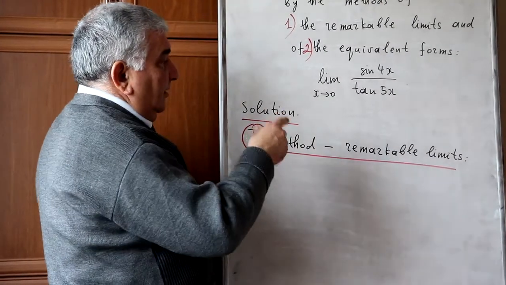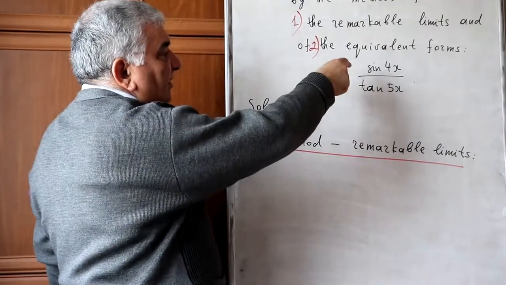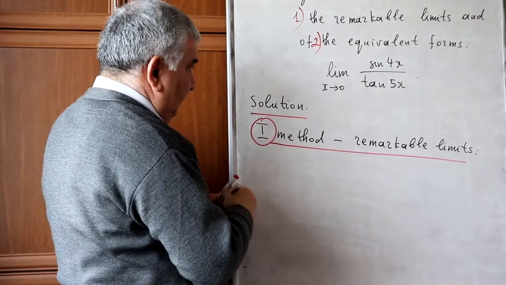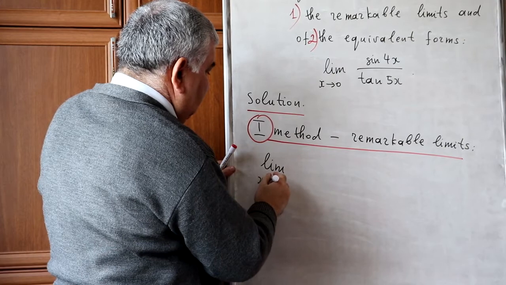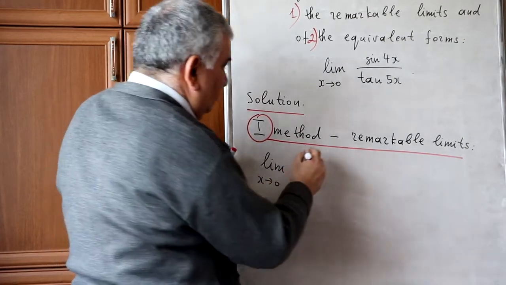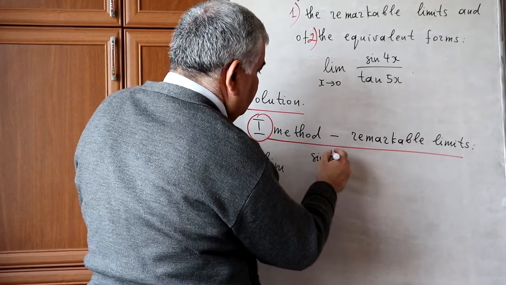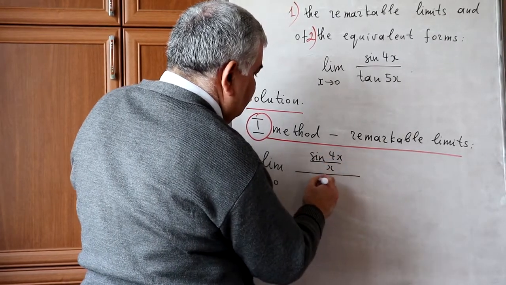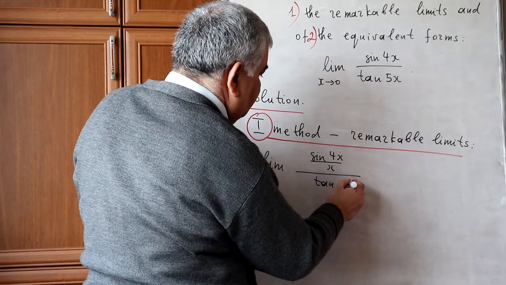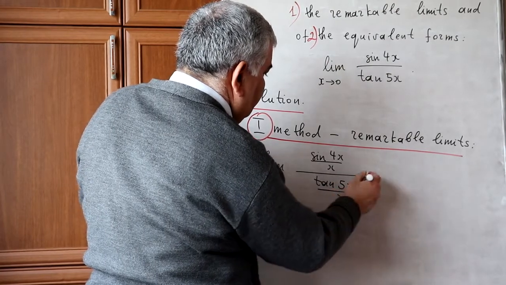First, divide numerator and denominator by x. Limit when x tends to 0, sine of 4x over x divided by tangent 5x over x.